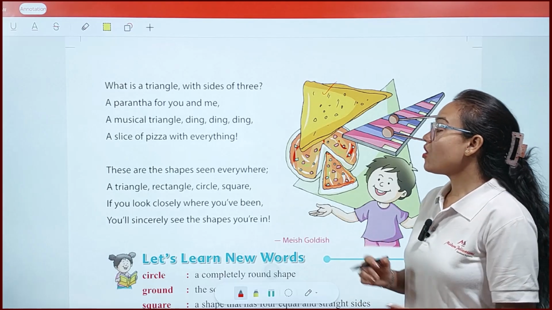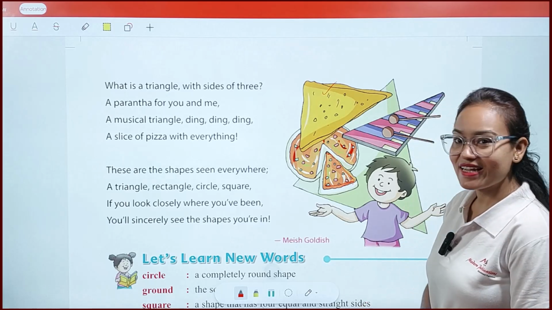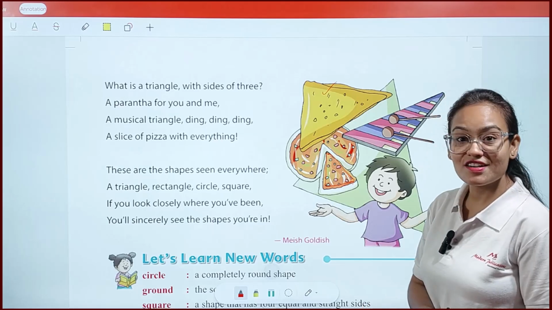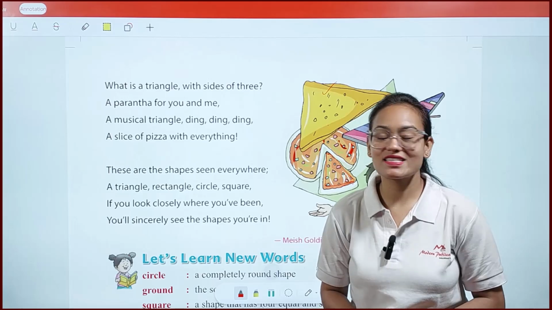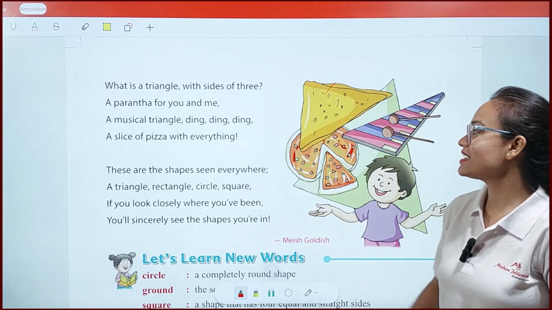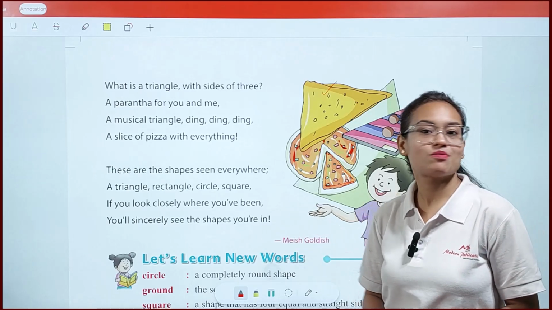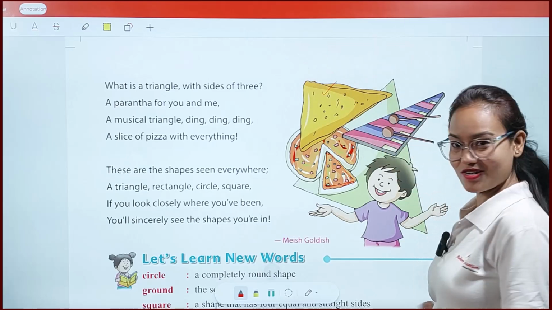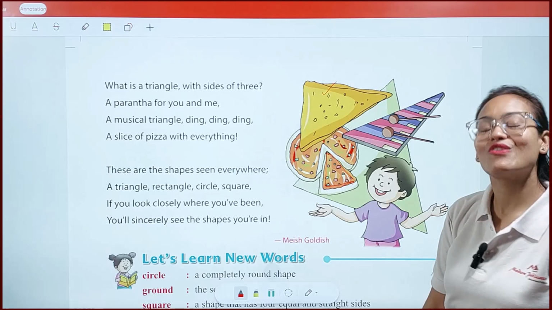Now, these are the shapes seen everywhere: a triangle, rectangle, circle, square. So, in our daily life, we can see all these shapes everywhere. Here, you can see a rectangle shape, my dear students. This whiteboard on which I am teaching you is an example of rectangle.